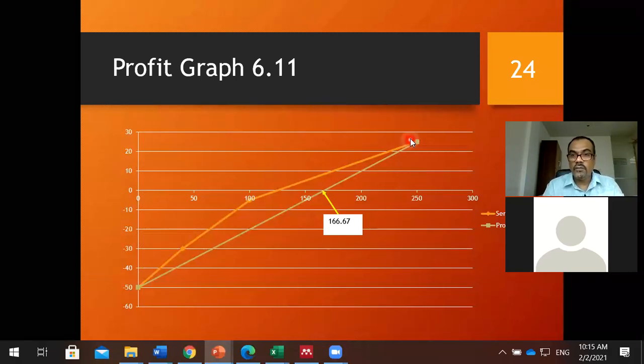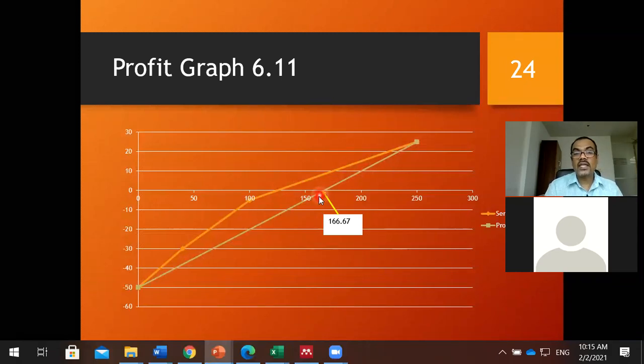So if you are here, you end up with a profit. But the break even point is somewhere here. So in a multiple product situation, you should not confuse this with the yellow line. The yellow line is just an explanation of how each item has added to the total contribution. That's it. The actual meaningful line is the green line.